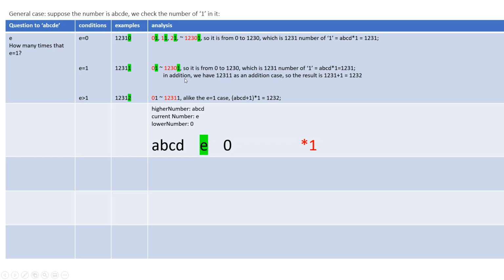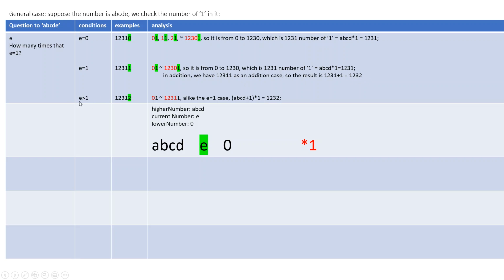In addition, we should consider another special case which is not covered by this sequence: 12311. This one is changed from 0 to 1 as an additional case. So the result will be the number before, plus 1. So we get this number as the answer.